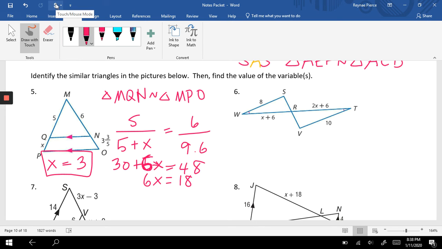Example number 6 here, it looks like W and T correspond to each other. So when I'm writing my similarity statement, they're going to go in the same spot. Okay, I also have a pair of vertical angles here.